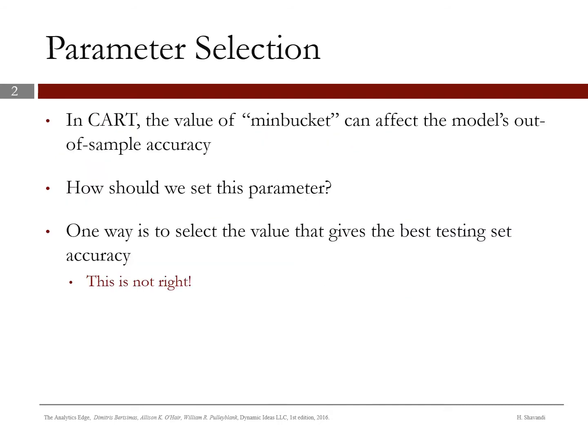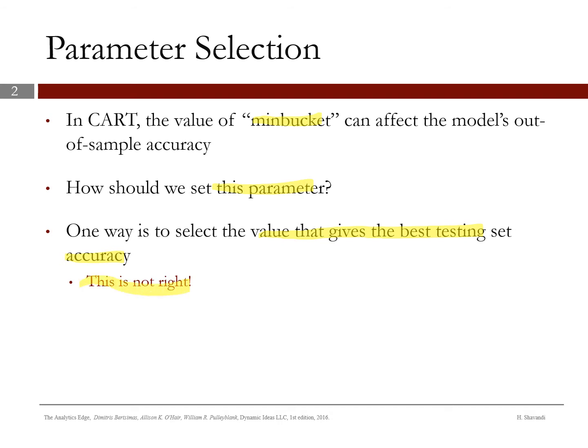In CART, the value of minbucket can affect the model's accuracy on the out-of-sample data set. So one question that arises is how we should set this parameter. Maybe one way is to select the value that gives the best testing set accuracy. Can this approach be right?